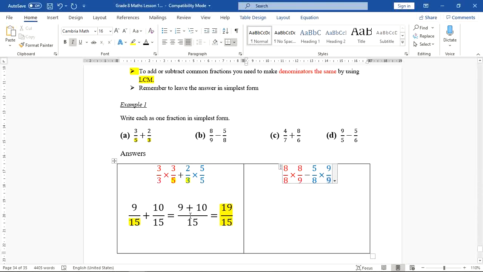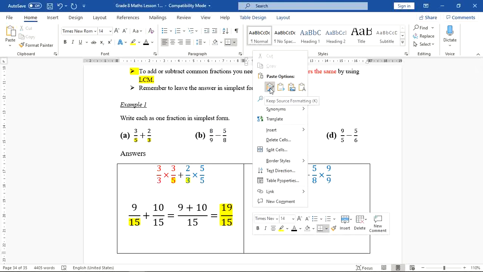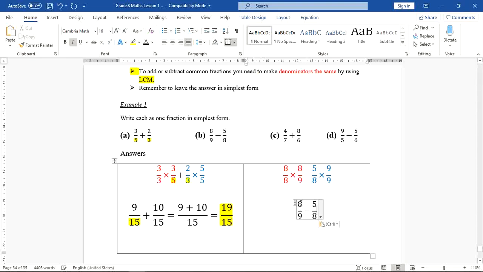Alright, so let's see. If I do that, this is what I'm going to have. Remember, you multiply the reds with the reds. If I multiply 8 by 8, I'll get 64. If I multiply 8 by 9, I'll get 72.